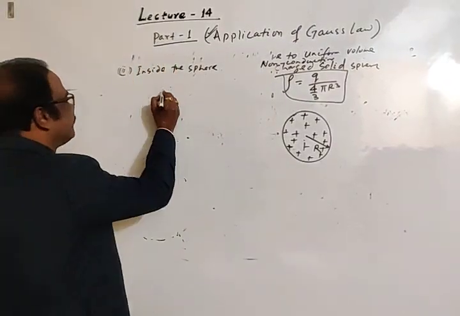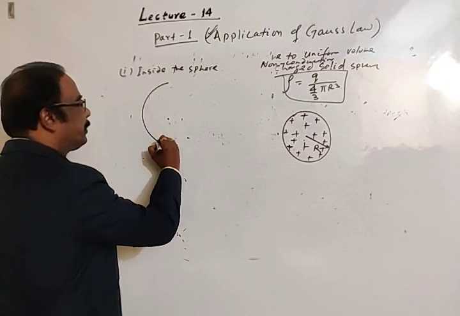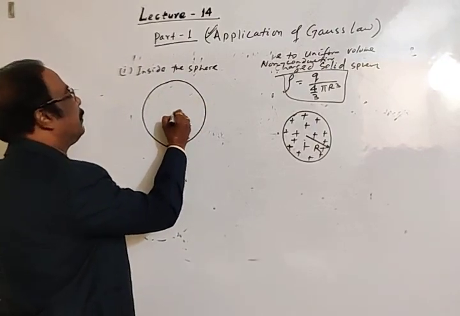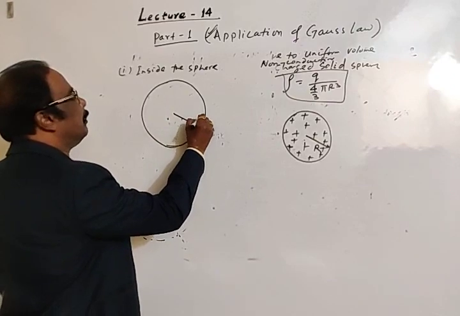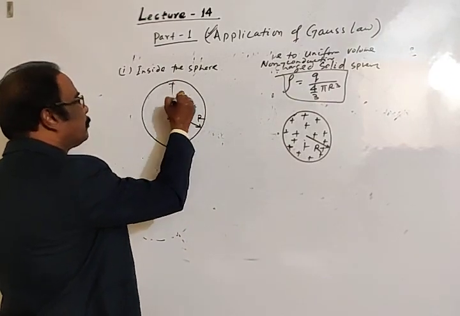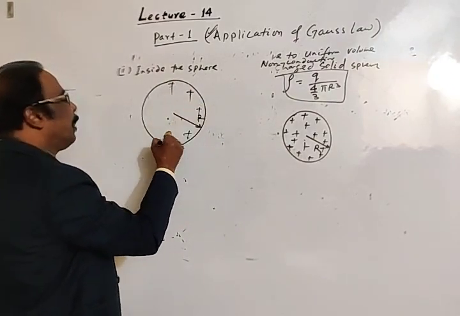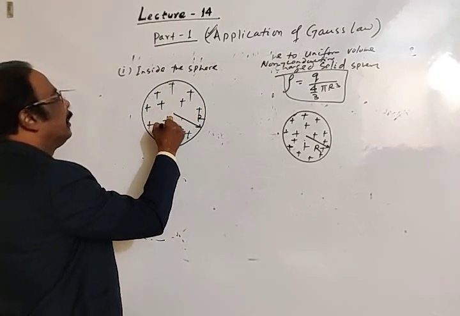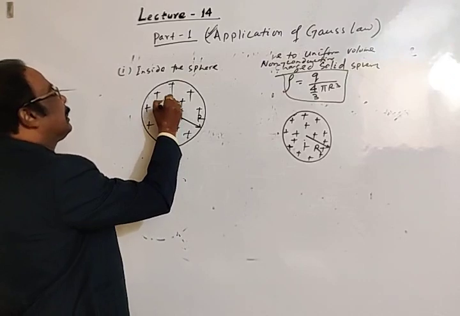Let's imagine this is the actual sphere with uniform volume charge density. Radius of the sphere is R. Charge is distributed throughout its volume, uniformly. This is the center.